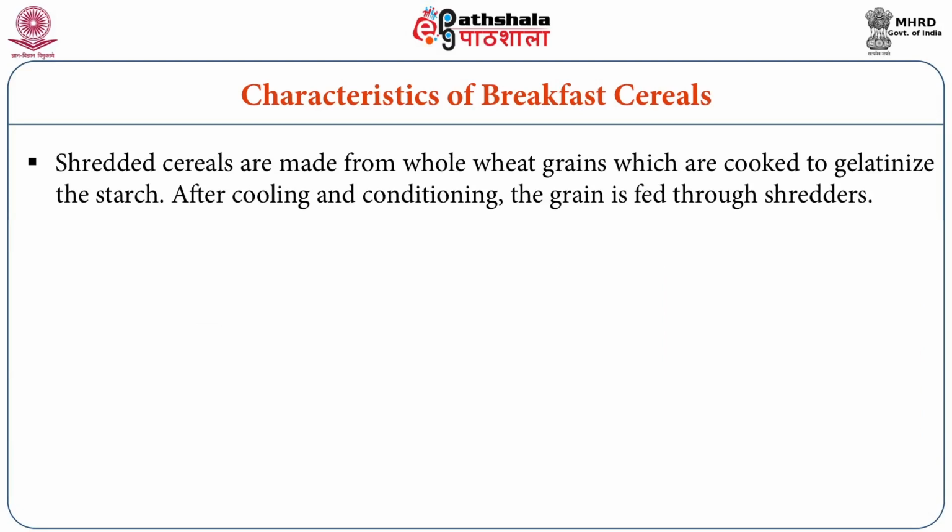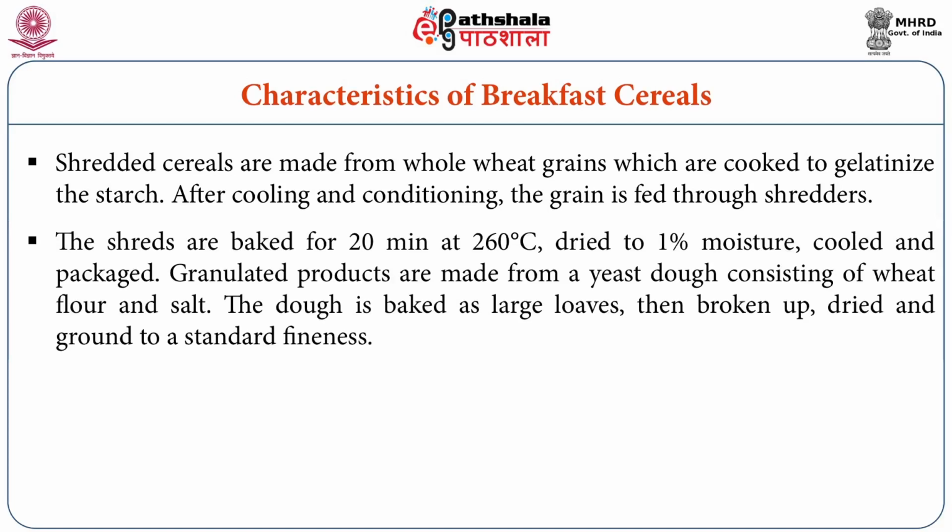Shredded cereals are made from whole wheat grains which are cooked to gelatinize the starch. After cooling and conditioning, the grain is fed through shredders. The shreds are baked for 20 minutes at 260 degrees centigrade, dried to 1% moisture, cooled and packaged. Granulated products are made from yeast dough consisting of wheat flour and salt.